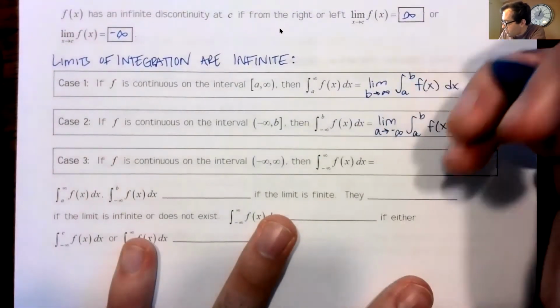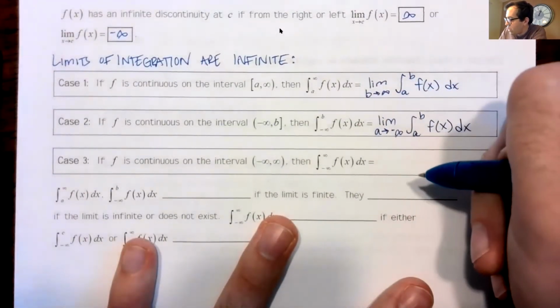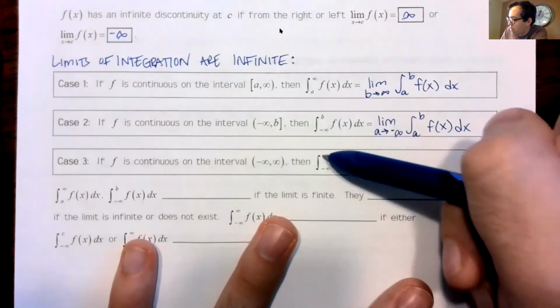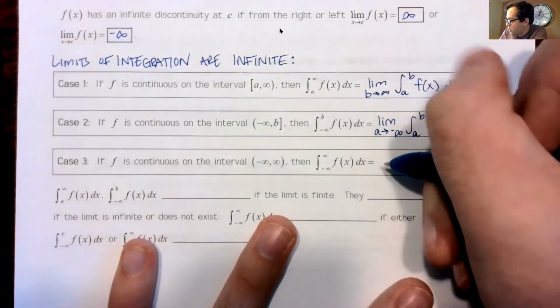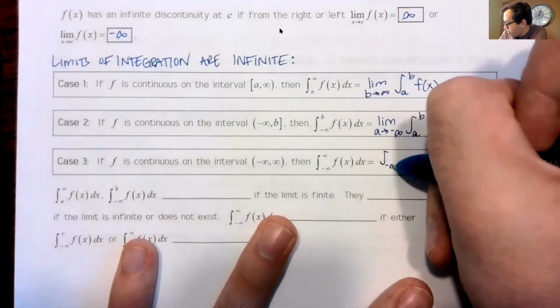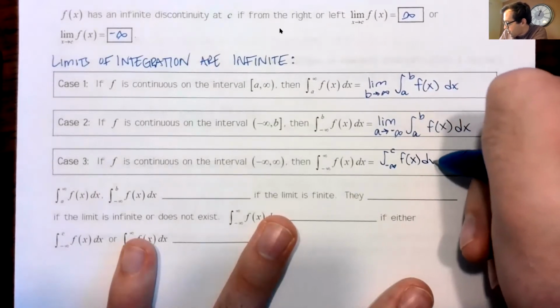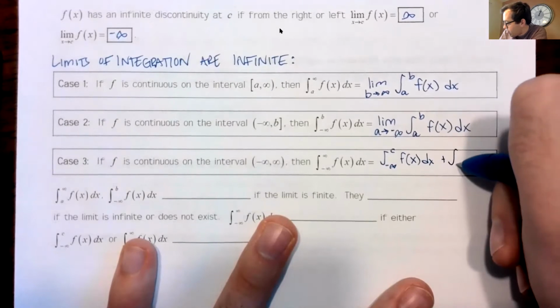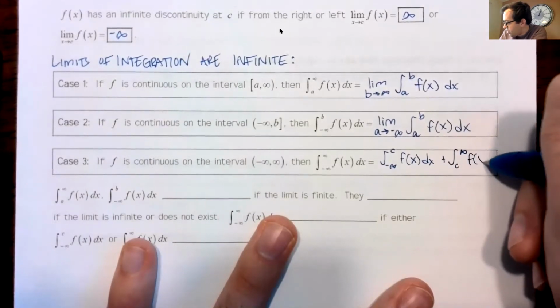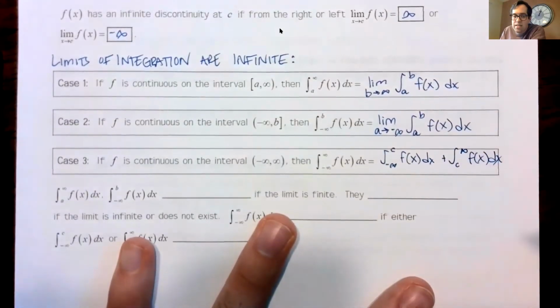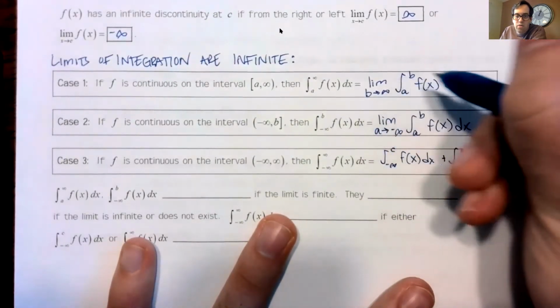So we have to split this up into two different integrals. We cannot evaluate from negative infinity to infinity at once. So we would write this as from negative infinity to something else, maybe c, and then the other end from c to infinity. And then we would have to split it up using what we already said.